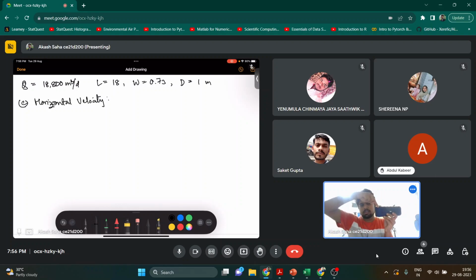This is the length, this is the width, and this is the depth. For surface overflow rate, we have to see this area, that is the plan area, the length into the width. But for horizontal velocity, we have to see this area, because horizontal velocity is perpendicular to the area. So my area will be width into depth. Are you able to visualize it? Fine. So for horizontal velocity, we have to see the width into depth.